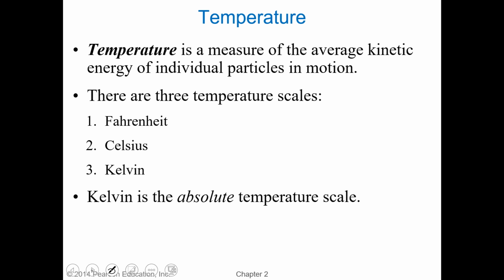Temperature. So we are going to talk about Fahrenheit, but we're almost never going to use it. In chemistry, these are the two temperatures that we use. Fahrenheit we know exists because that's what we use. That's the English system. Then Celsius, which is metric, and Kelvin, which is the absolute temperature scale.